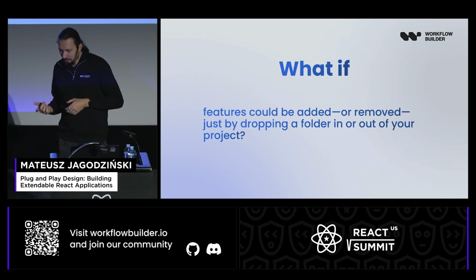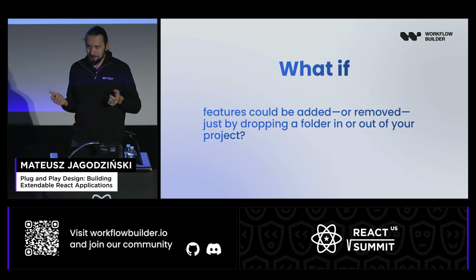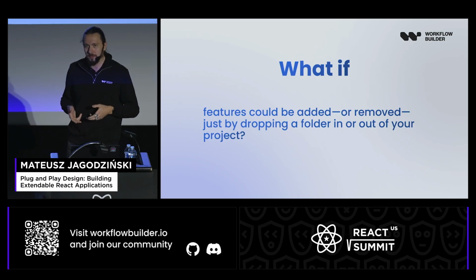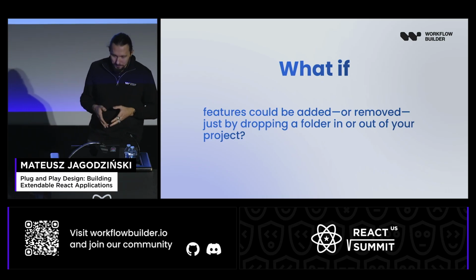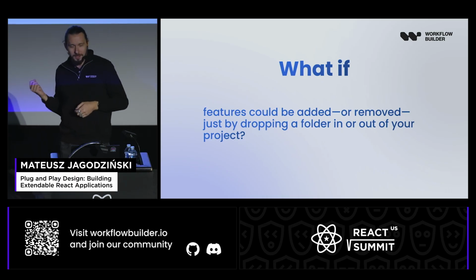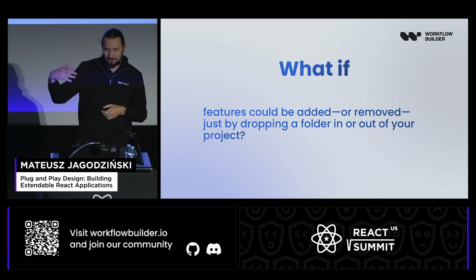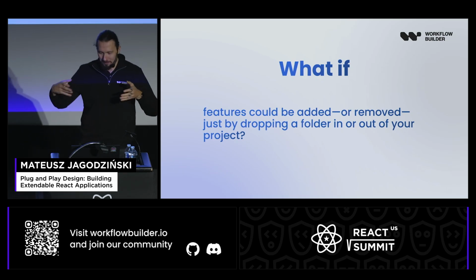So the question I wanted to ask today is, what if features could be added or removed just by dropping a folder in and out of your project? Like if we had an alternative to feature flags, but at build time, where we could say, okay, this folder has one feature, this another, and we can pick which one we want.